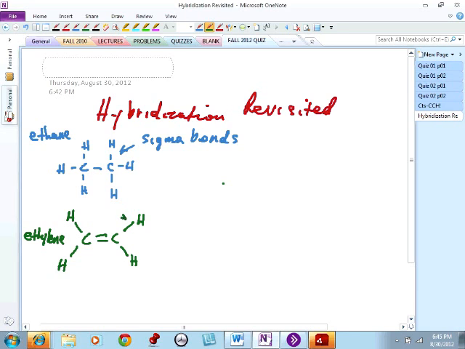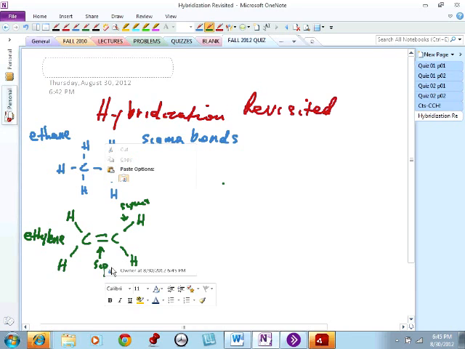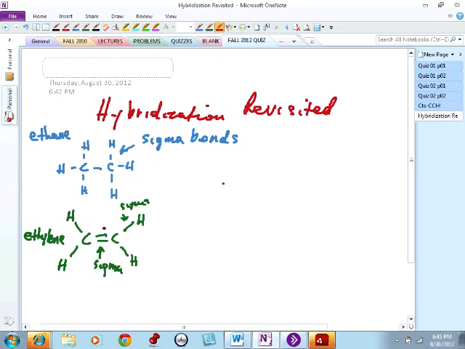This is a sigma bond right here. One of these double bonds here is a sigma bond. This here is also a sigma bond, this here is also a sigma bond, and this is a sigma bond. But this here, the other bond in the double bond, we call a pi bond.